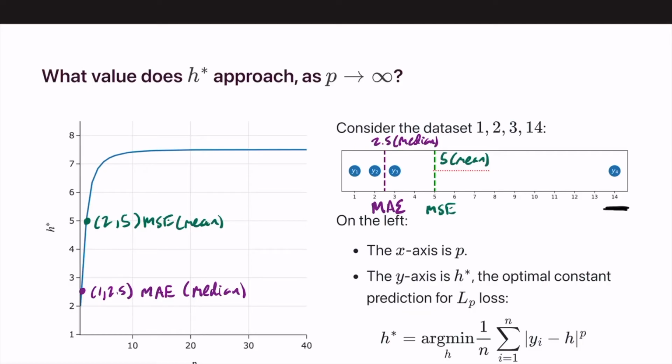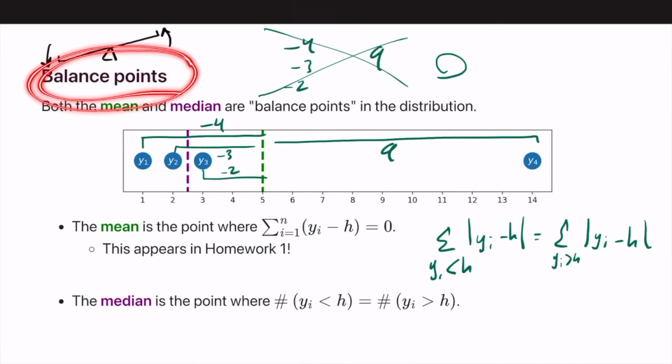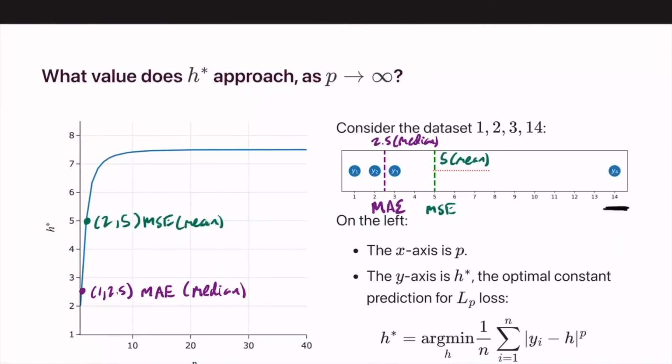But remember, we really can't get all the way to 14 or even close to 14 because, again, we're still talking about balance points. And so even though we're getting closer to 14, there's still this idea of a balance point. And if you had some sort of h star that was over here, there'd be a short distance to 14, but there'd be these long distances from y1, y2, and y3, and there's just not enough balance there.